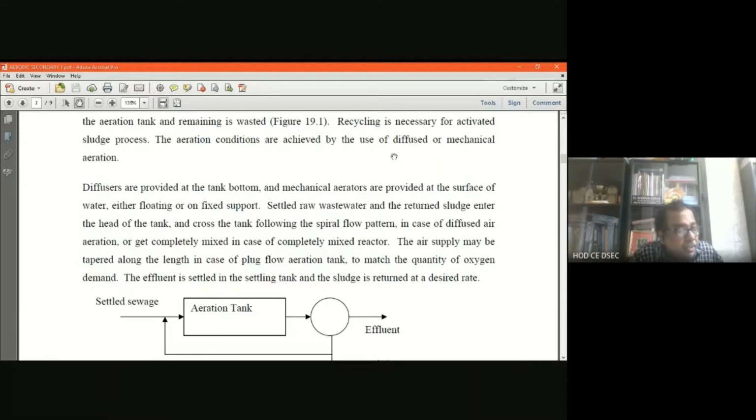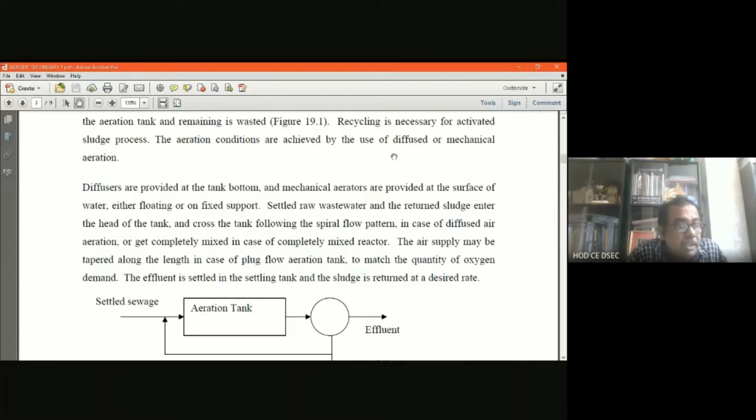Now, what is the significance of the plug flow? The plug flow implies that the sewage moves down progressively along the aeration tank, essentially unmixed with the rest of the tank contents. That is the basic philosophy of the plug flow. That means it is not mixed, compared with the completely mixed.